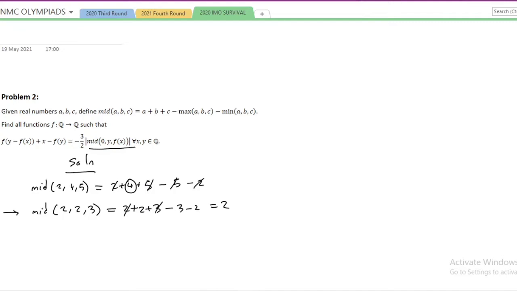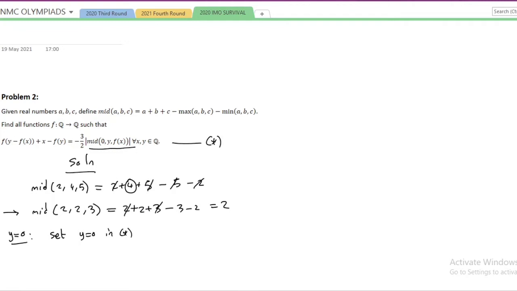The first one is the case y equal to 0. In this case, we just set y equal to 0 in the equation, which we'll call star.